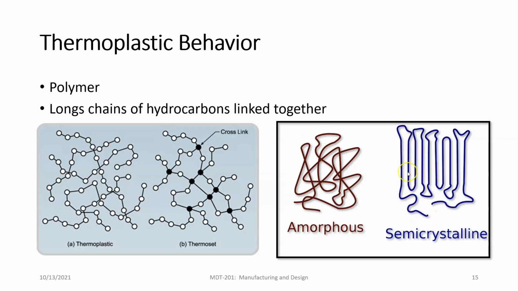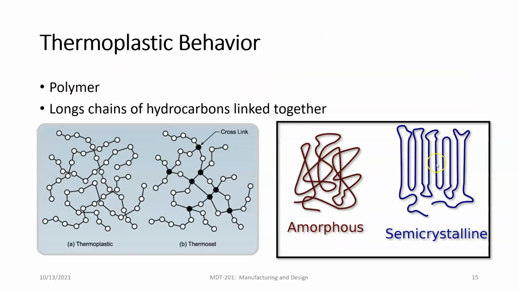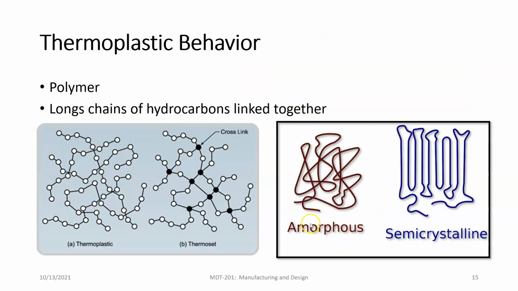Semicrystalline, we do have some kind of organized shape. The amorphous and semicrystalline has to do with the pyramid here. So the top of the pyramid is where you're going to find our semicrystalline materials, and the bottom of the pyramid, this is where you're going to find our amorphous materials.